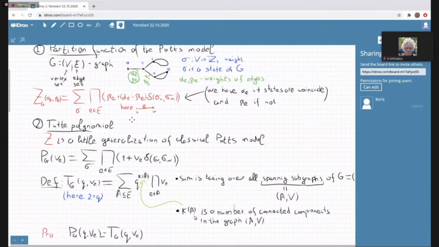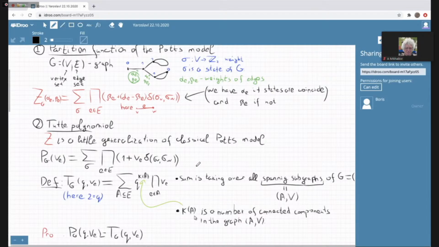Let me first define P capital G of v, which is also the Potts model; our Z capital is a small generalization of the classical Potts model. In the classical Potts model we do not have alpha and beta. We have only one set of weights on edges, v with subscript e, and P G of v is the classical partition function for the Potts model.